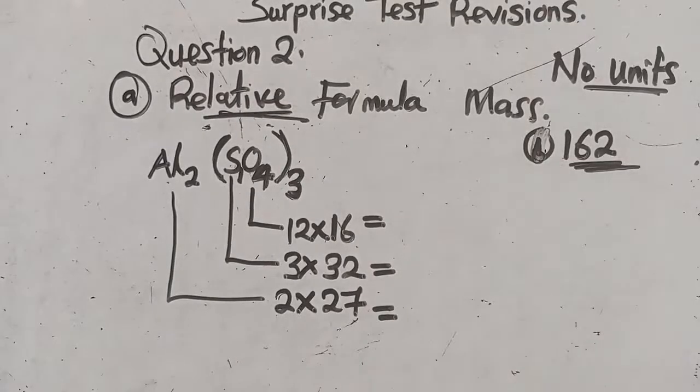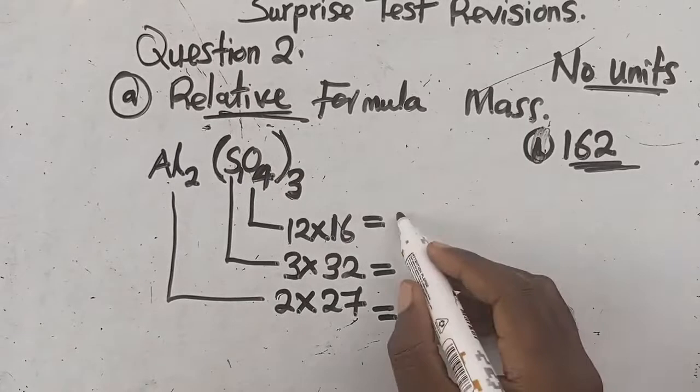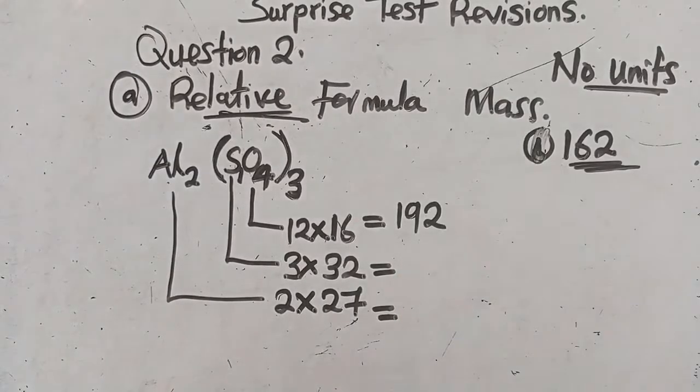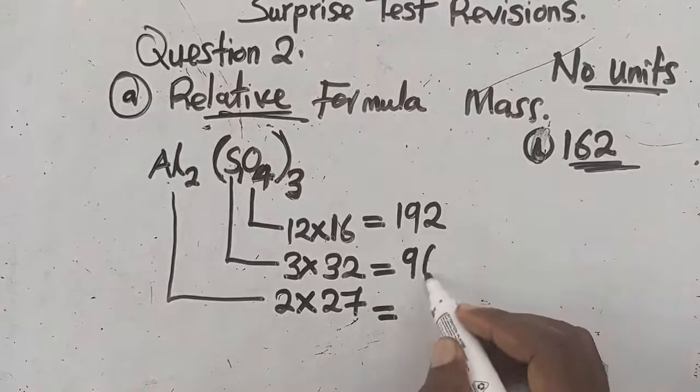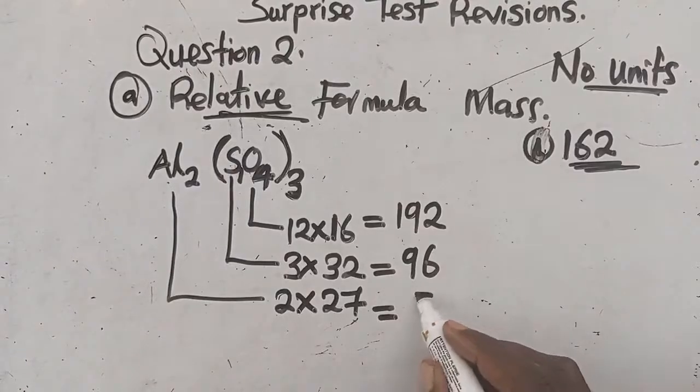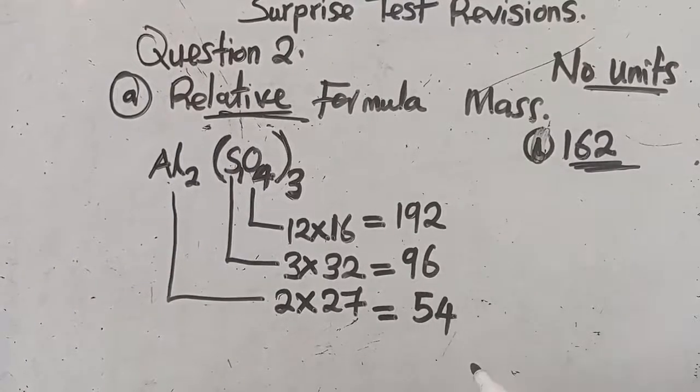Then we add. So we multiply. When we do our mathematics, 12 times 16, the answer is 192. 3 times 32, the answer is 96. Then 2 times 27, the answer is 54.